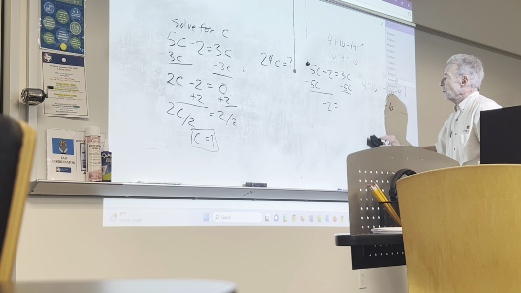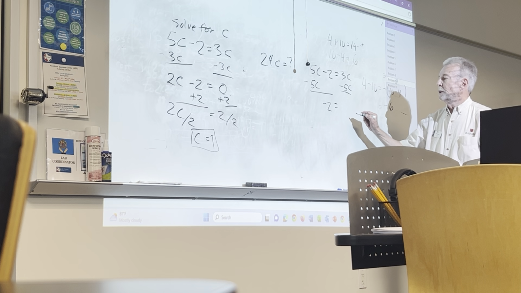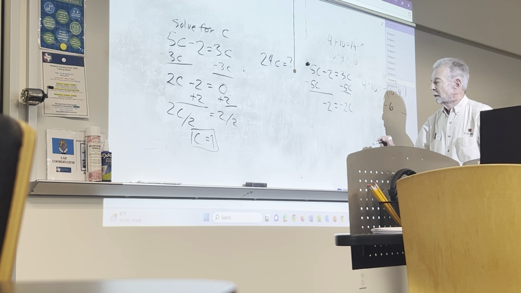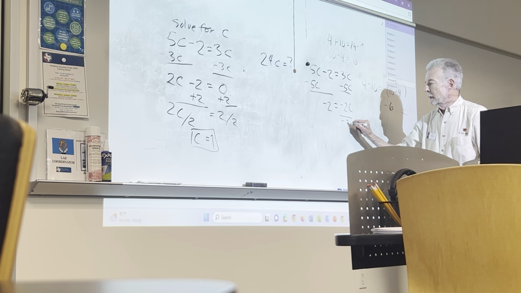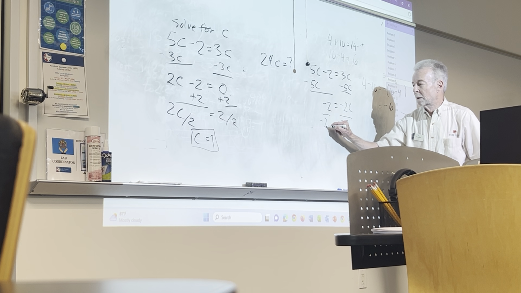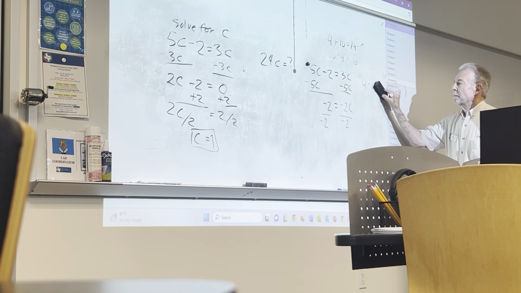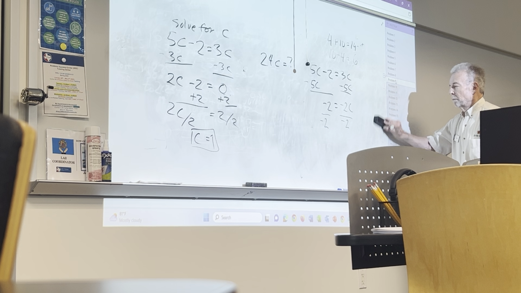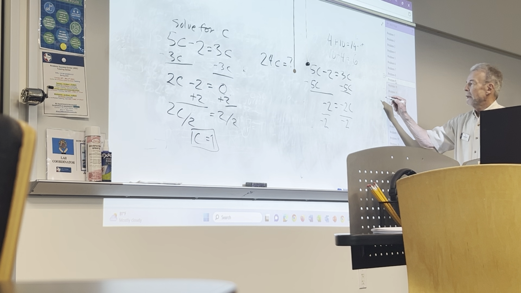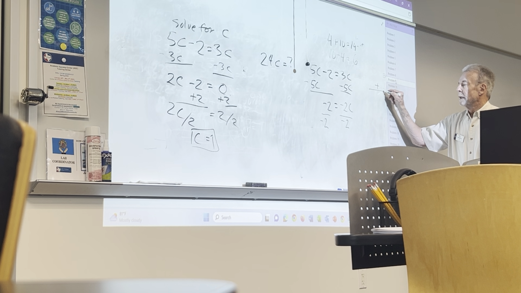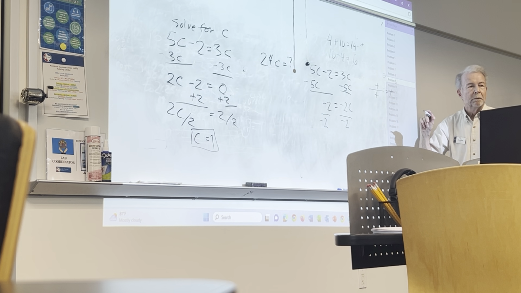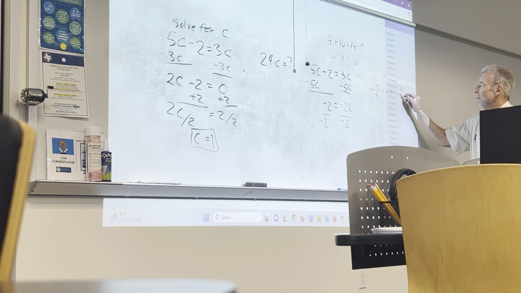Okay, so let's look at this one. We have minus 2 is equal to minus 2c, and we divide both sides by minus 2. Another point here. If I have a positive divided by a positive, that's going to give me a positive. 4 divided by 4 is equal to a positive 1.